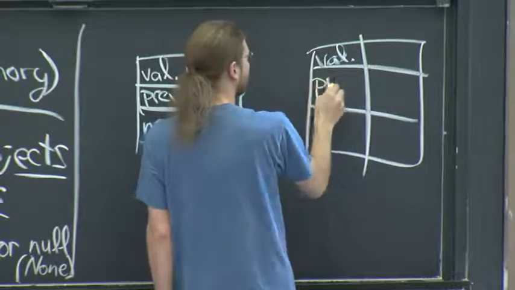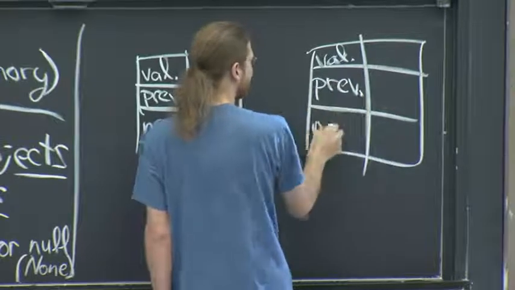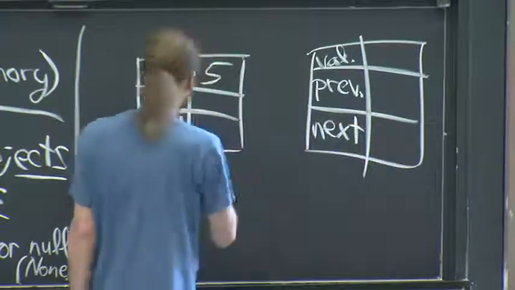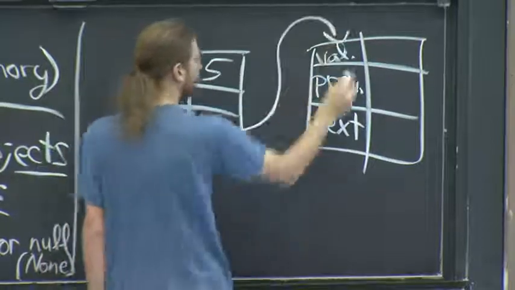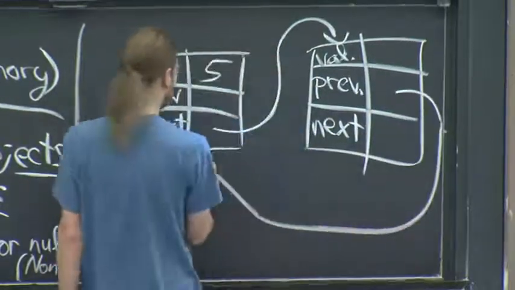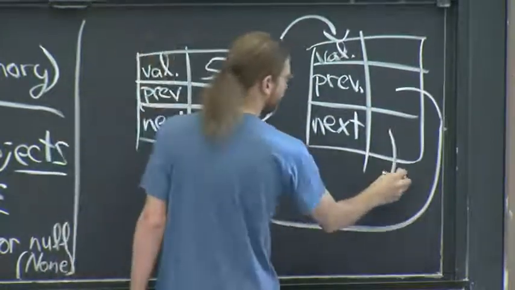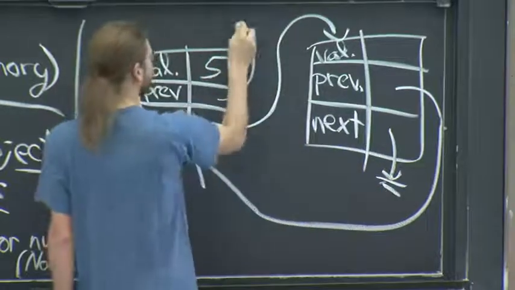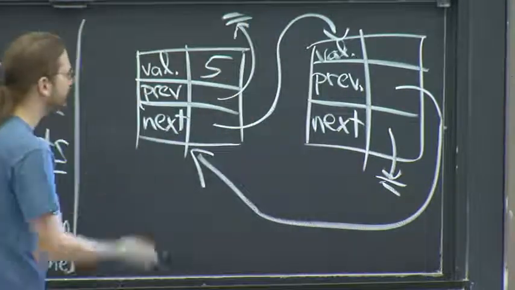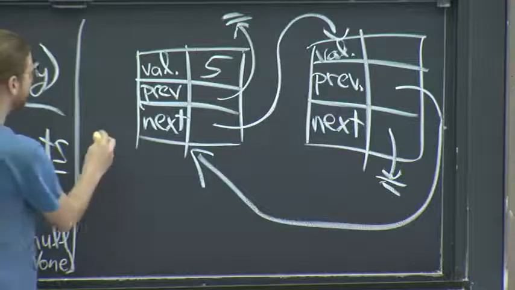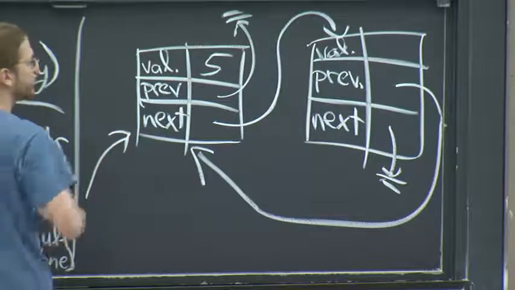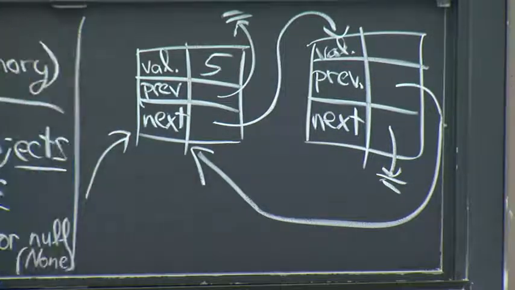This is what you'd call a doubly linked list because it has previous and next pointers. So the next pointer points to this node, previous pointer points to this node, next pointer points to null, previous pointer points to null, let's say. So that's a two-node doubly linked list. You presumably have a pointer to the head of the list, maybe a pointer to the tail of the list, whatever. So this is a structure in the pointer machine.